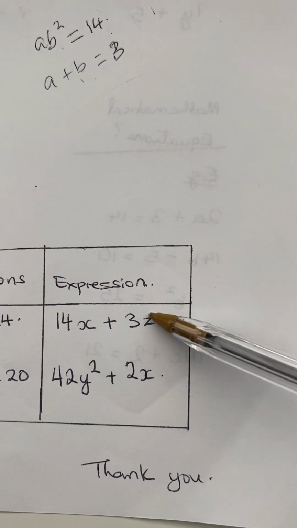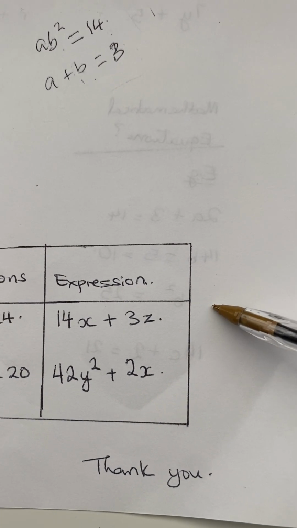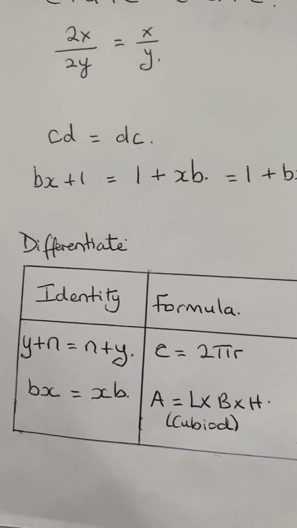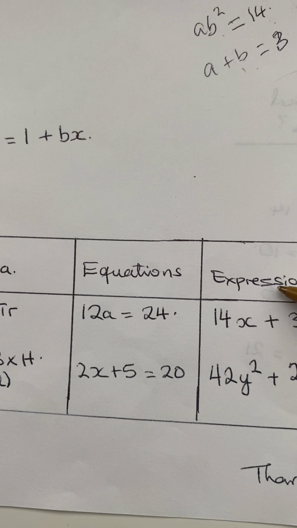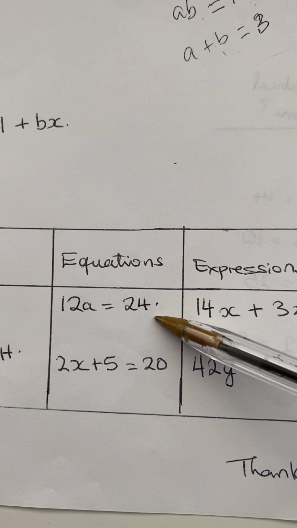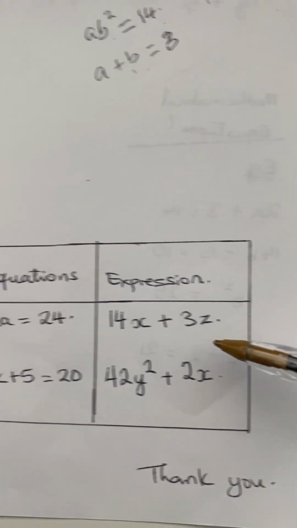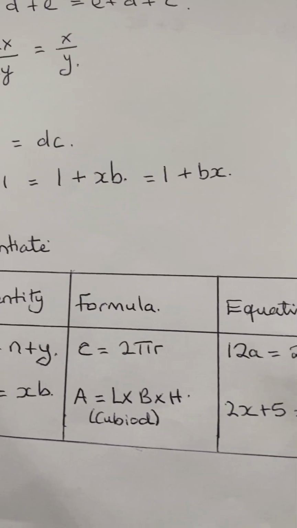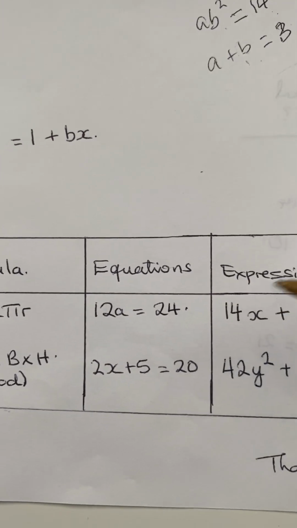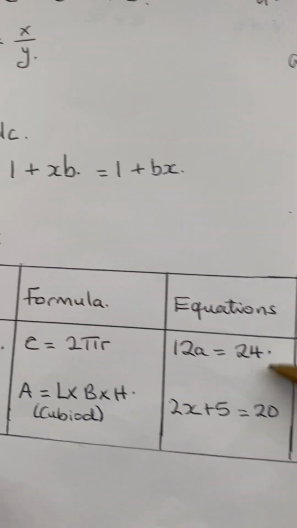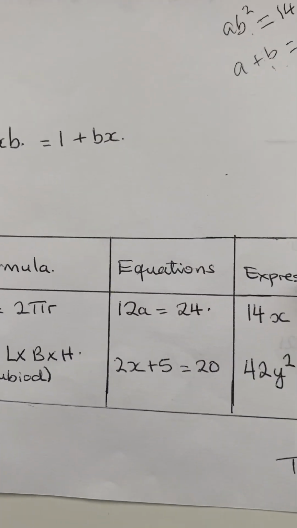But immediately we equate it to something, it becomes a mathematical equation. So I want you to take note of what I've said to you today, because we'll need them in future to differentiate and solve questions.